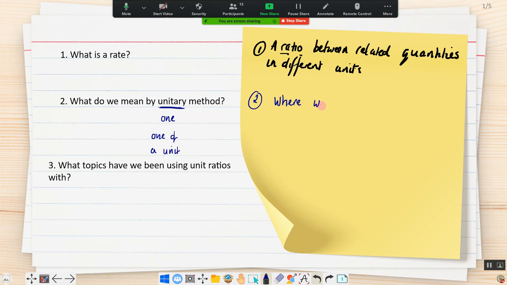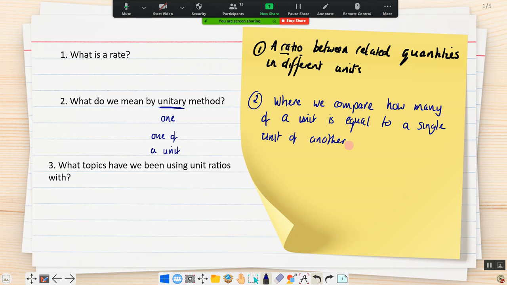So that's where we compare how many of one unit is equal to, that's not a very good word to use, how many of a unit of measurement is equal to a single unit of another.